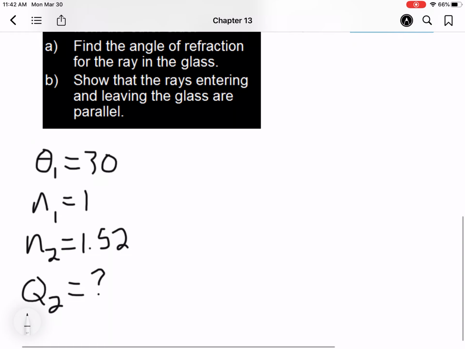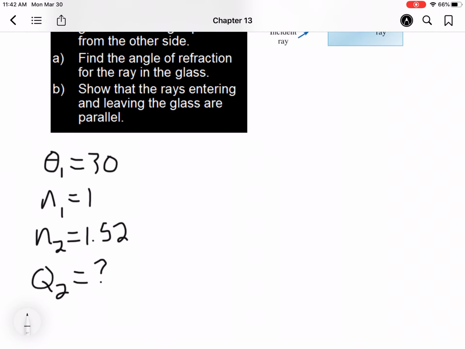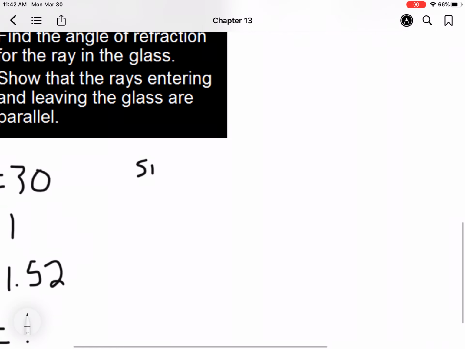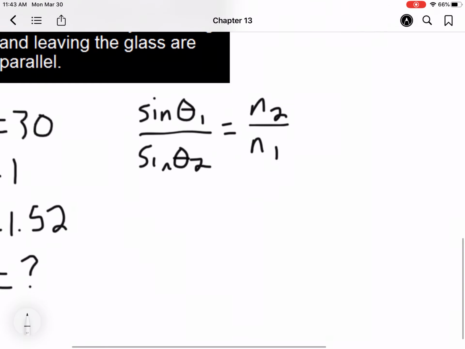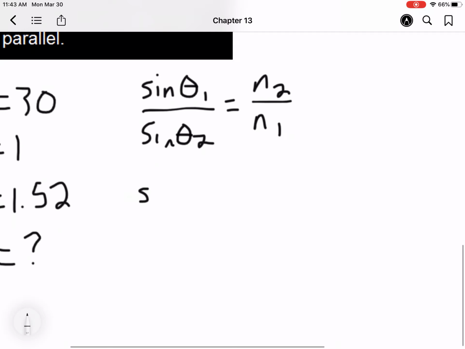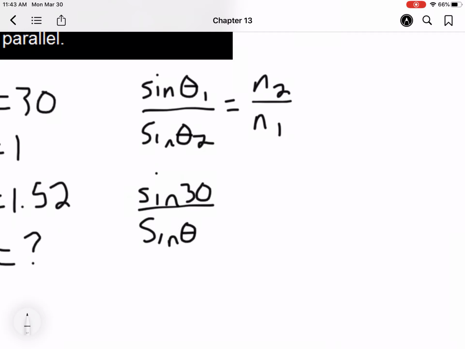So it sets up the exact same as the previous page, where I have sine angle 1 over sine angle 2 equals N2 over N1. And so I've got sine 30 over sine angle 2, which equals 1.52 over N1.